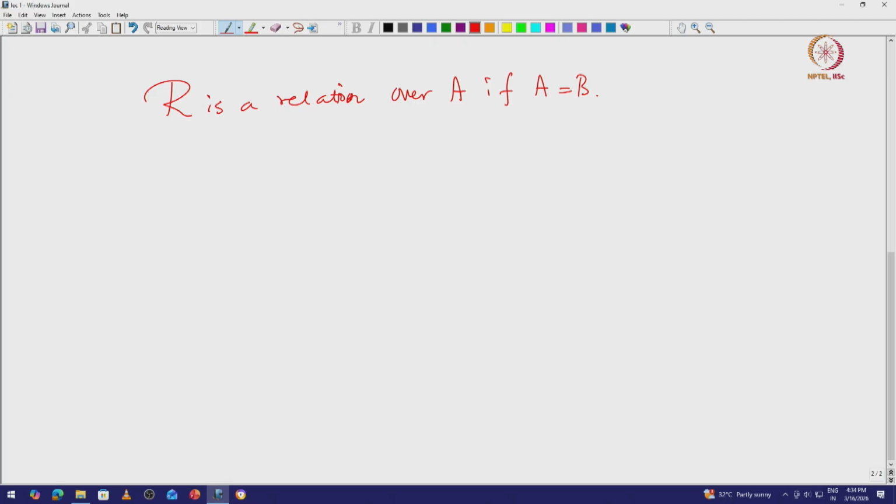Okay. The most important properties are reflexive property, symmetric property, anti-symmetric property and transitive property. So, let me write down the definitions of them to be consistent.